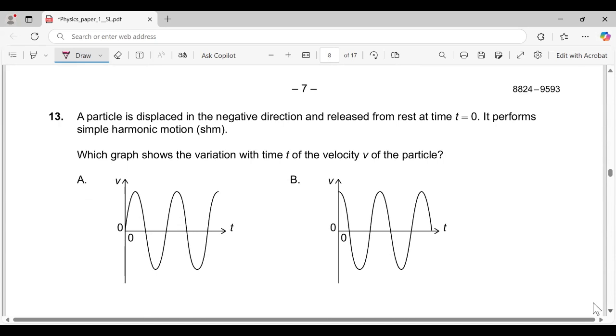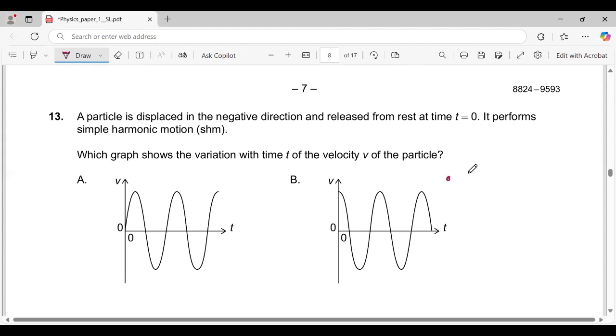Next. A particle is displaced in the negative direction and released from rest at time t equals 0. It performs simple harmonic motion. Which graph shows the variation with time t of the velocity v of the particle? Simple harmonic motion has two characteristics.